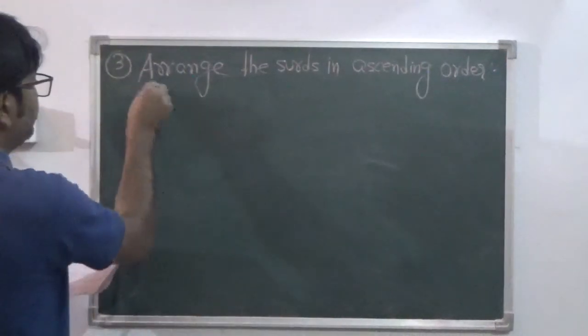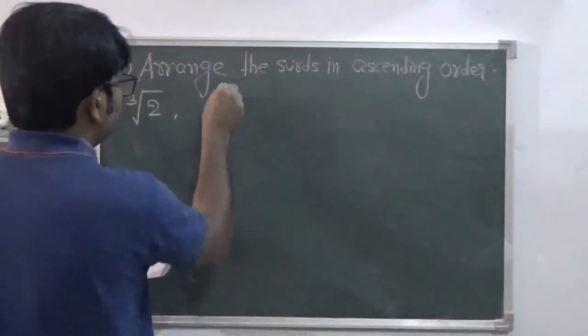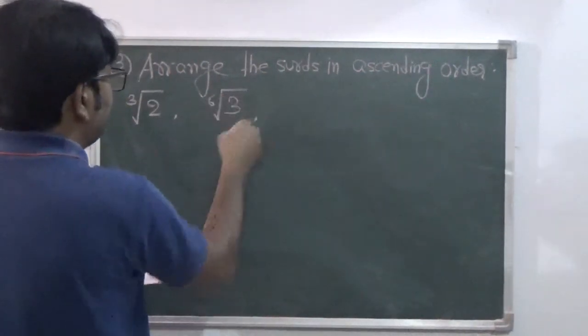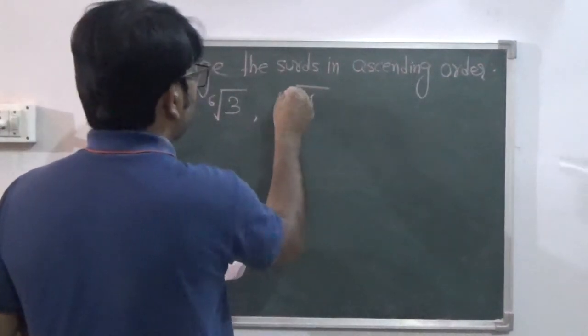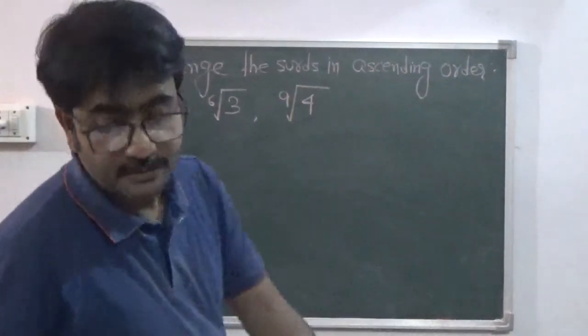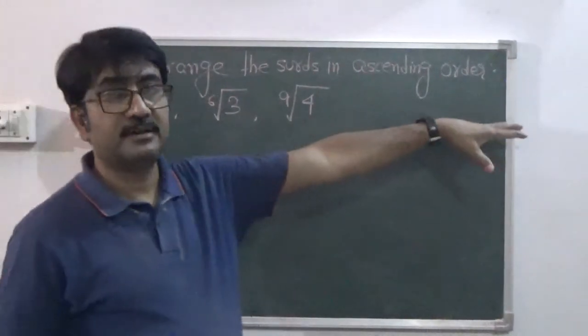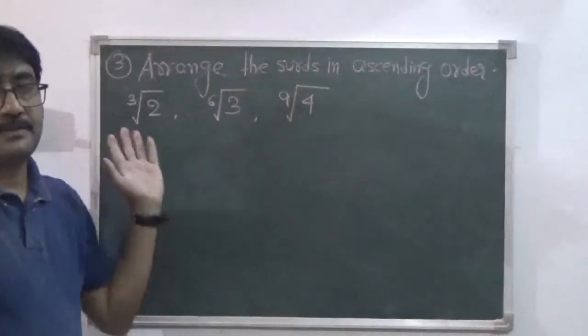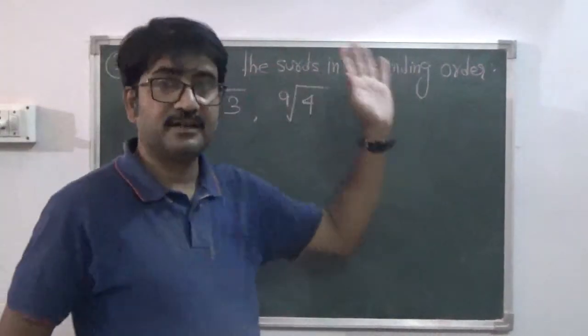The surds are cube root of 2, 6th root of 3 and the 9th root of 4. So you have to arrange this in increasing or ascending order, the smaller appearing in the first position, then the second, and finally the largest at the last position.